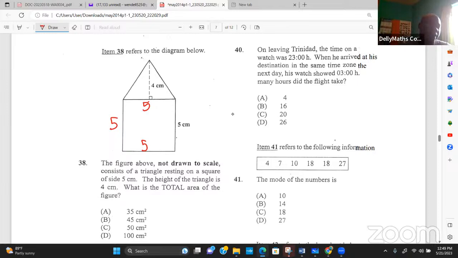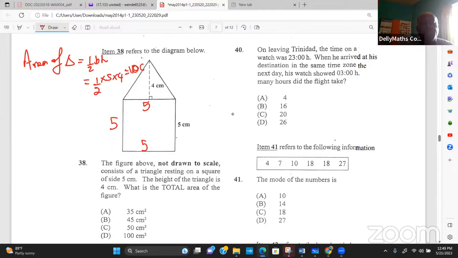Basically, you want to find the area of the triangle as well as the area of the square. The area of the triangle is half base times height, so half times 5 times 4. 5 times 4 is 20, half of 20 is 10.